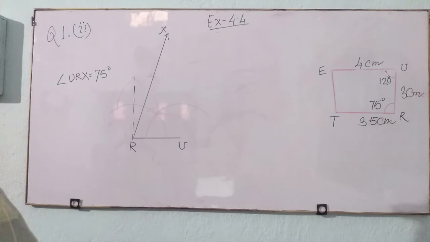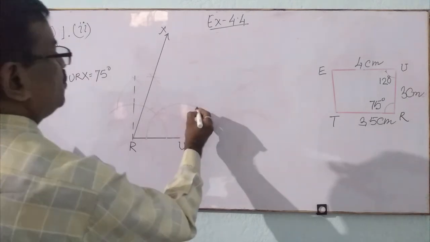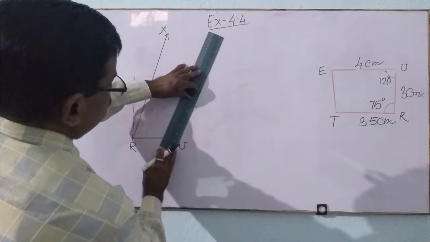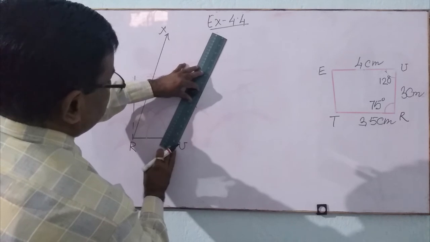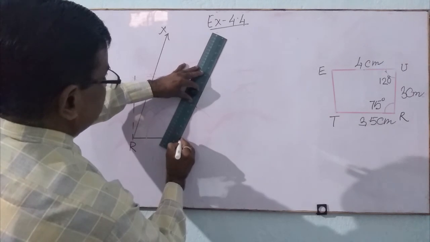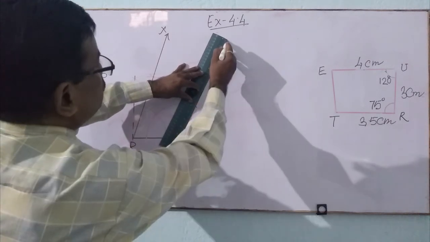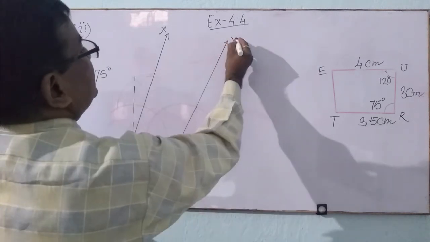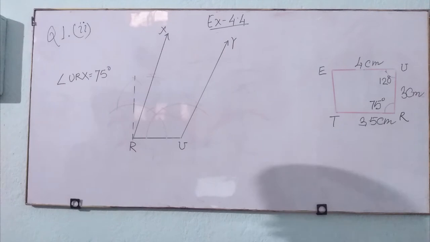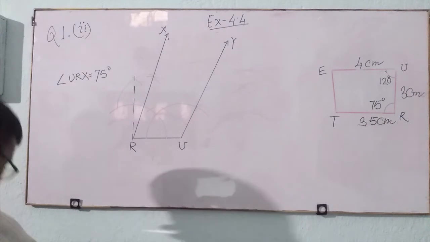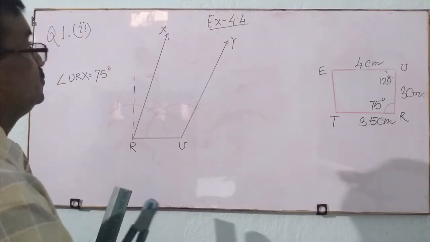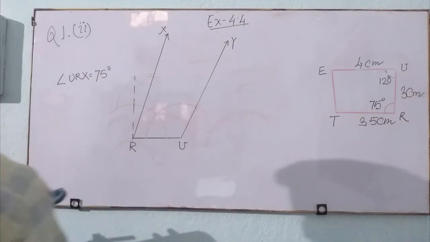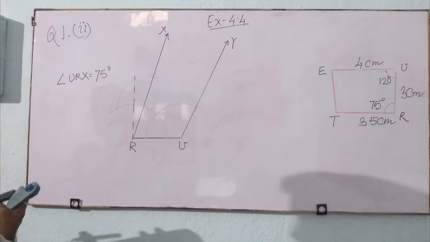Then this is the point for 120. Now join the point for 120 degree with U. Take this ray as Y. Now from RX you have to take 3.5 centimeter.